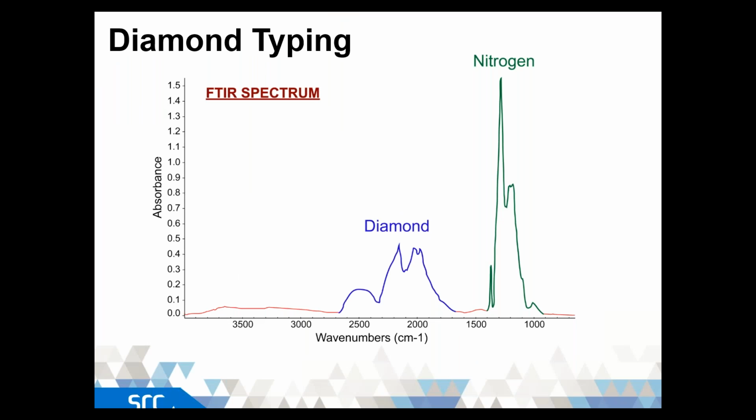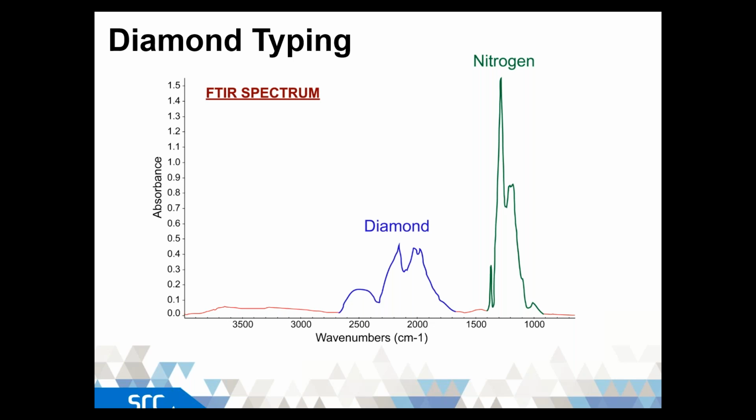So this is just an example of a spectrum that we might expect to get from our FTIR instrument. We can see that the blue part of the spectrum are peaks that are always associated with diamond. So as long as we're analyzing a diamond, we will get these peaks in this orientation and with these set proportions. And we actually use this to calibrate the spectrum.